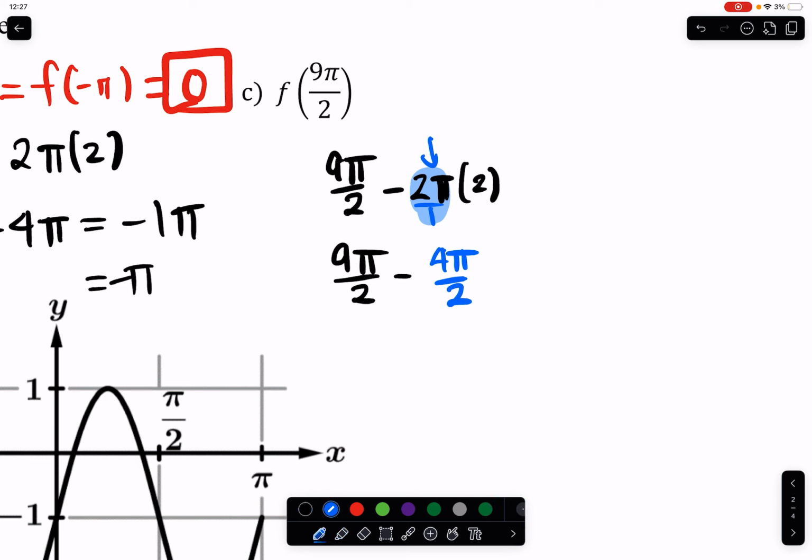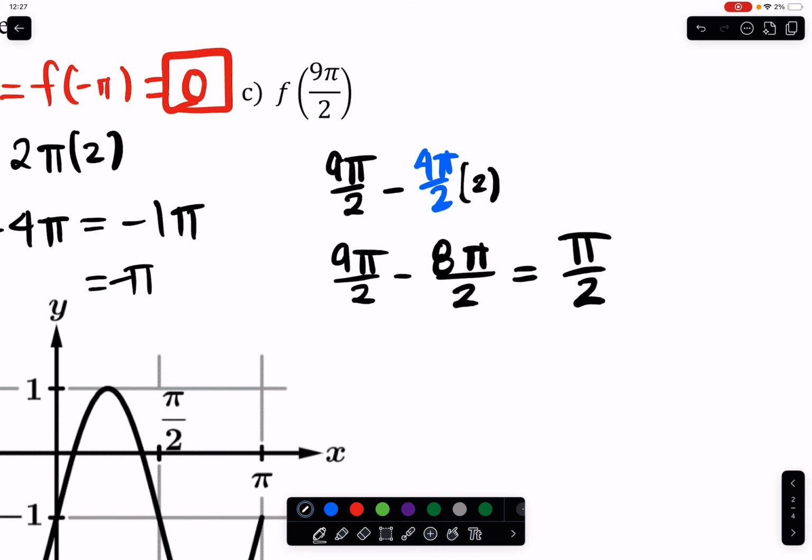And if I multiply that by 2, so let me erase this, and let me write this as 4 pi over 2. If I multiply it by 2, that's going to be 8 pi over 2. And now 9 minus 8 is equal to 1, so 1 pi over 2.